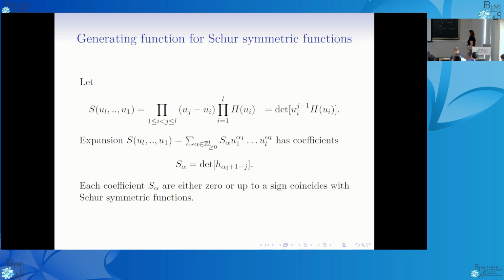And that tells us that the coefficients of these formal distributions are either 0 or, up to sign, each of them coincides with one of the Schur symmetric functions. So each Schur symmetric function here appears more than once, but each monomial has either 0 or a Schur symmetric function.